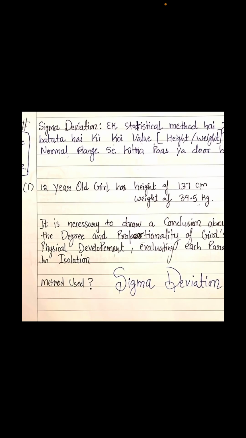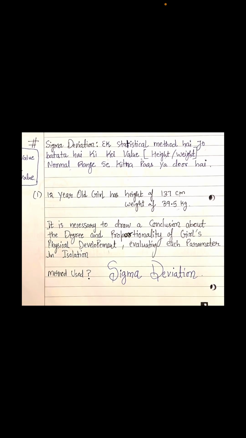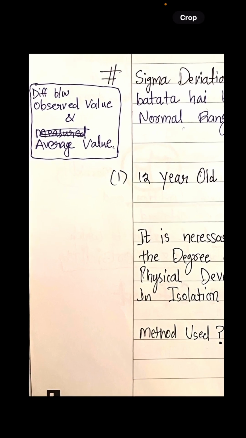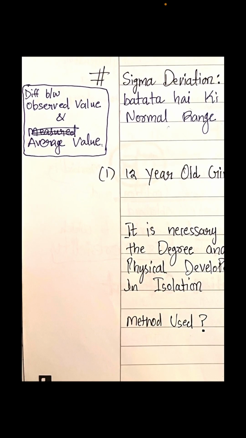Next is sigma deviation. Sigma deviation basically states that we are all a group of students, and in a group of students there is a basic level of physical development and all the characters. So sigma deviation states how far someone is from the basic or average development. Another definition I have: difference between observed value and the average value.